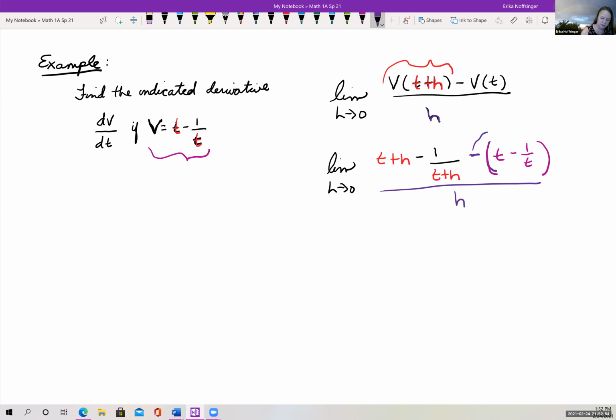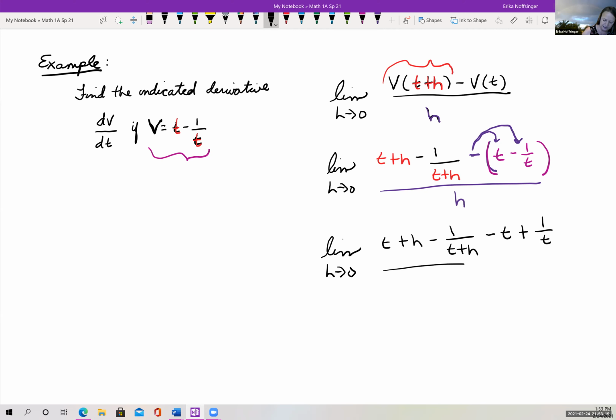So let's distribute this negative sign inside that parentheses, and bring down our limit. You have the limit as h goes to 0 of t plus h minus 1 over t plus h, minus t, plus 1 over t, all over h.